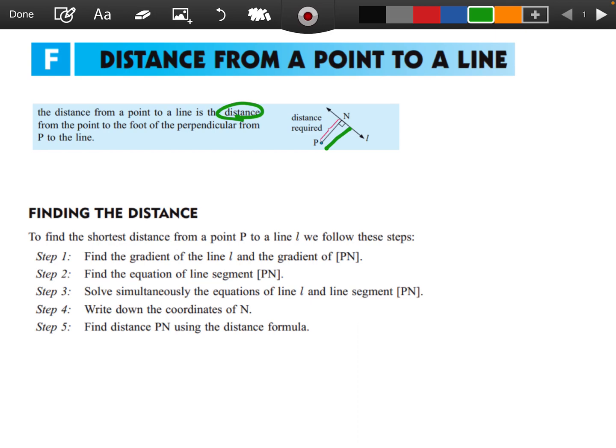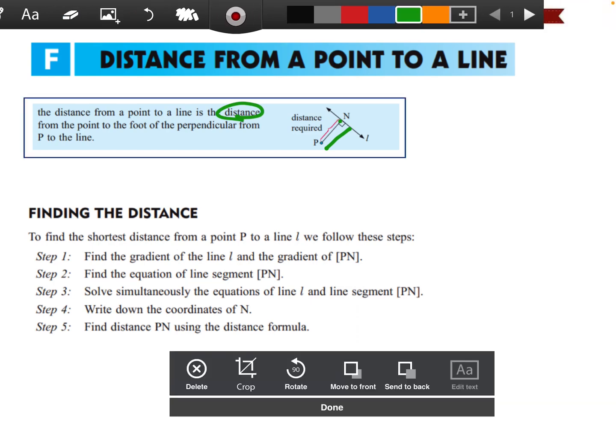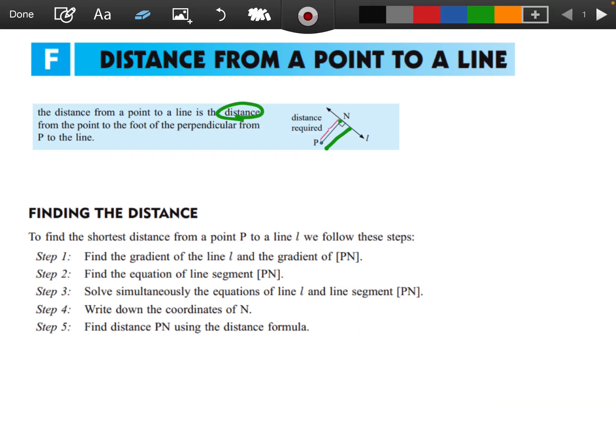I see perpendicular, so I'm thinking inverse slopes, negative reciprocals of each other. I'm looking for this point. Point N is what I need to figure out in order to be able to use the distance formula. When I have the coordinates of N, that's going to give me everything I need to use the distance formula. Well, how am I going to get N?